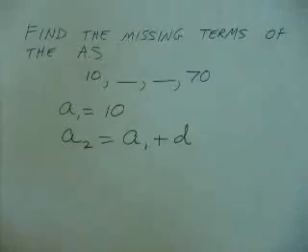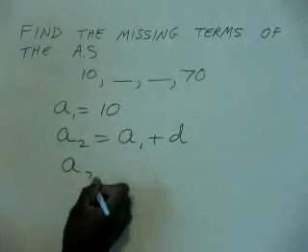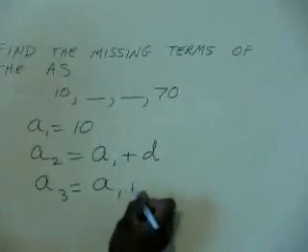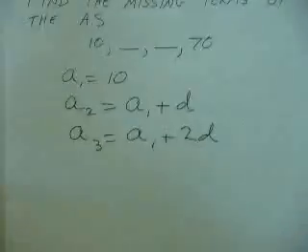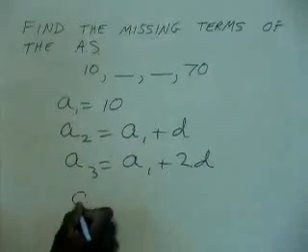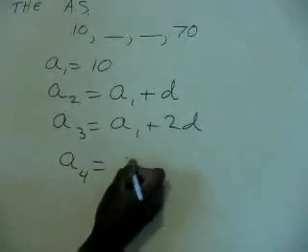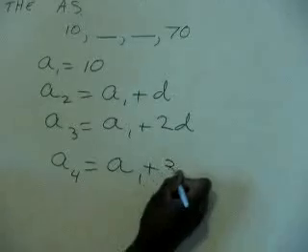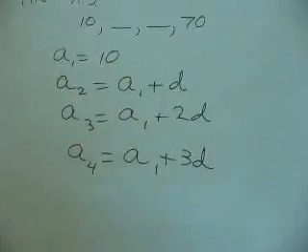The third term we don't know, but the third term should be the first term plus 2 times the common difference. The fourth term is 70. The fourth term should be the first term plus 3 times the common difference.